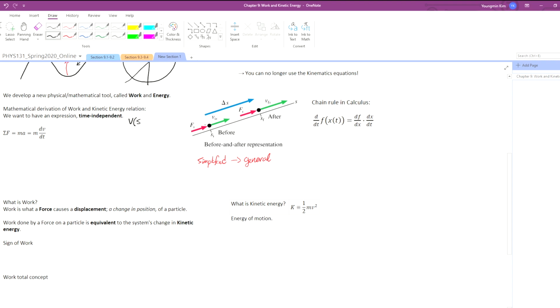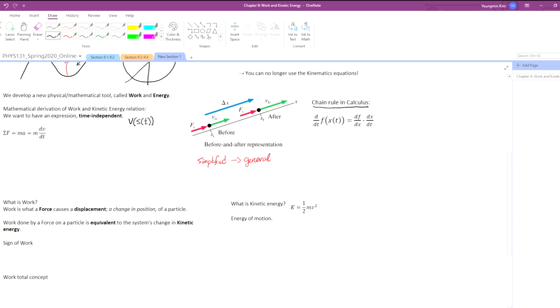So you can describe the velocity as a function of position. But of course, this position will change in time, so the velocity is also a function of time. We just want to ignore that, and describe this in terms of position. So what we're going to do is borrow a mathematical tool from calculus called the chain rule.